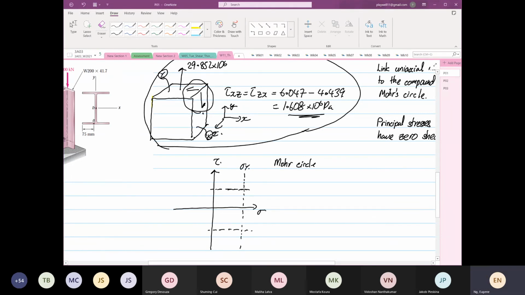We have point X, point Y, and then another point Z over here. At point X, the element rotates clockwise in shear, anti-clockwise in the bottom part. So at point X we have 0 normal stress, but the shear is going to generate a clockwise rotation of our element.